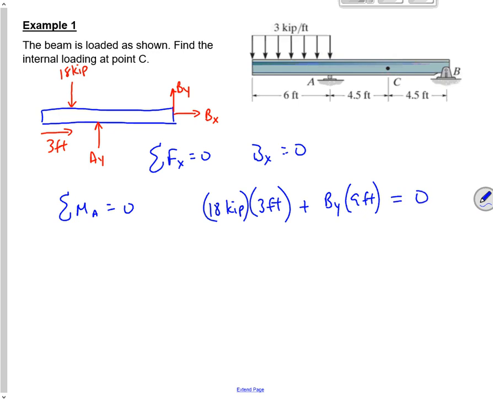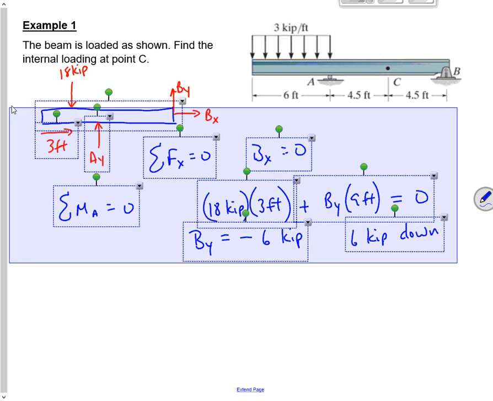And all that has to add up to be 0. So it looks like my BY is the wrong direction. So I get BY is minus 6 kip, or it's 6 kip down. Okay, so now let's see if we can clear up a little space here.